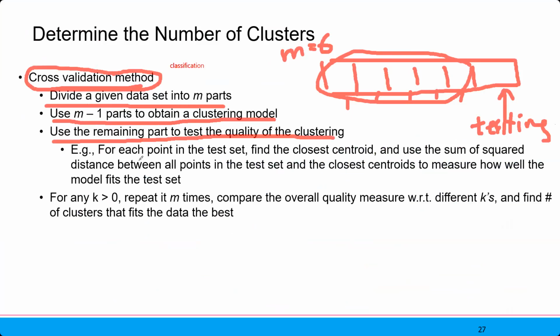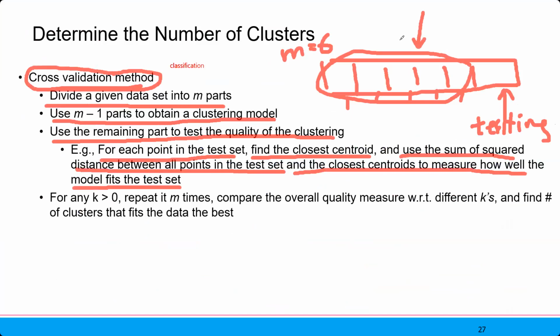For each point in the test set, find the closest centroid and use the sum of square distance between all points in the test set and the closest centroid to measure how well the model fits the test set. It means after I have these cluster results, I will have the sum of square error. You will also have the sum of square error from here.